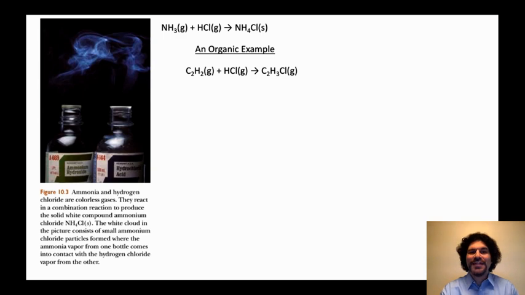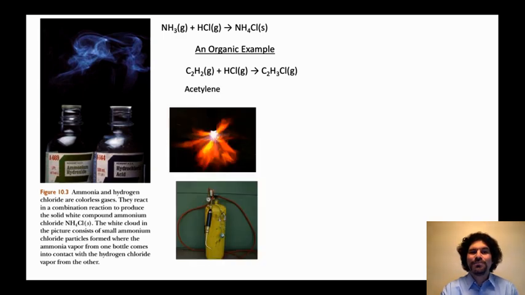Well, we've already met HCl, that's hydrochloric acid. What is C2H2? Well, that's better known as acetylene, which you've probably at least seen at some point in your life. Acetylene is used for torches. If you combine acetylene and oxygen, you get a really, really hot flame that can be used for welding things. Okay, so if you take acetylene and react it with hydrochloric acid, the molecule you get is also known as vinyl chloride.